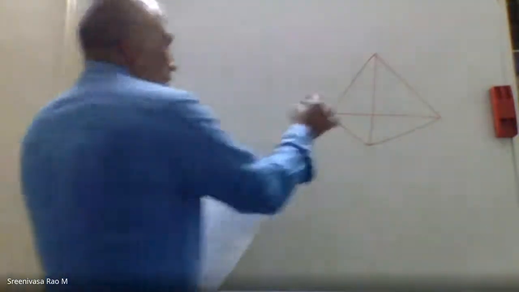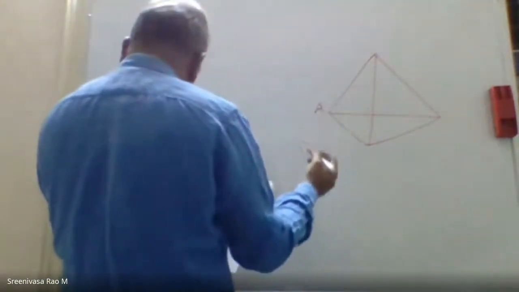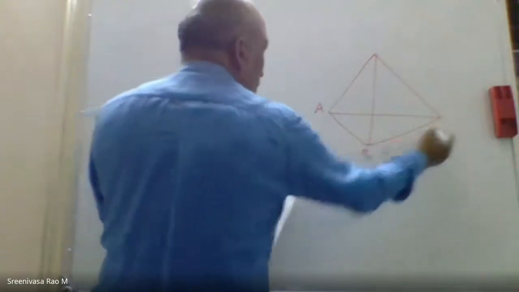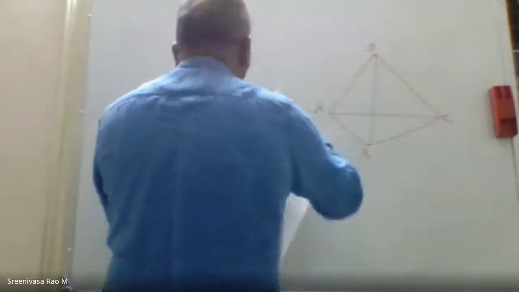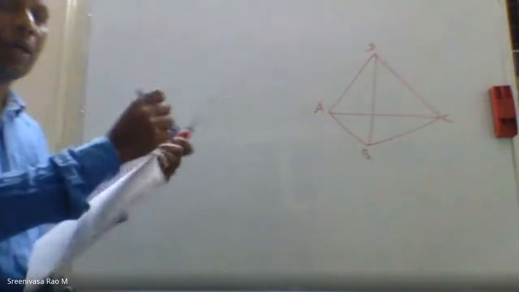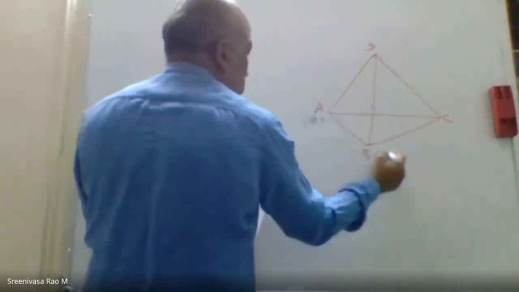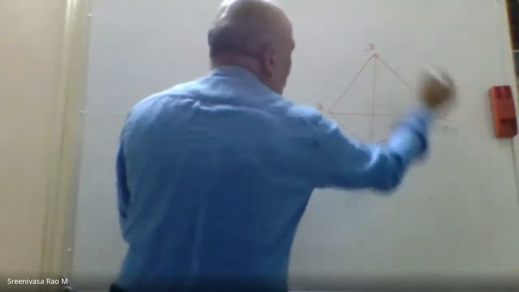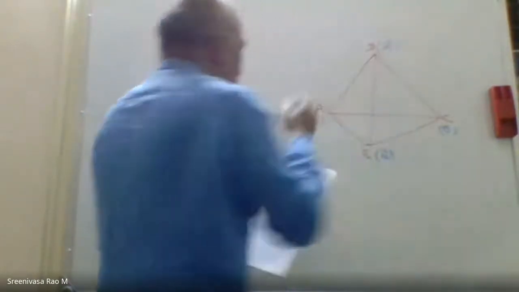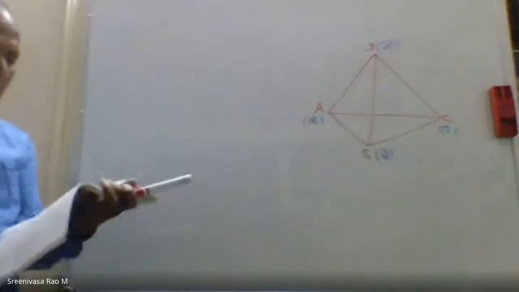I can consider this is A, and I can consider the values of A, B, C, and this is D. So I have taken the regular tetrahedron. These position vectors are: this is A bar, this is B bar, this is C bar, this is D bar. I have taken position vectors of those vertices.